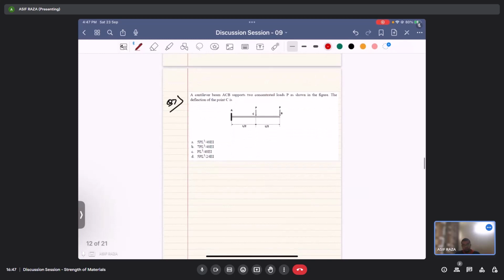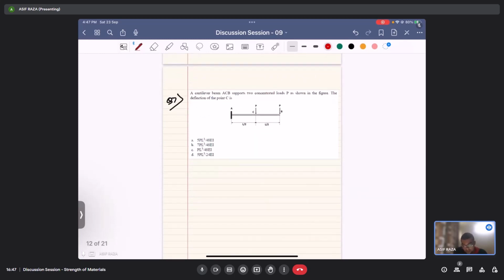Question number 7. We are given a cantilever beam ACB that supports two concentrated loads P as shown in the figure. One concentrated load is applied at L by 2 from the fixed end and the other one is applied at L from the fixed end. We need to find the deflection of the point C. C is this midpoint.